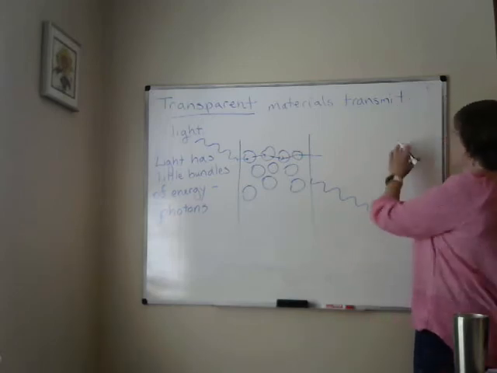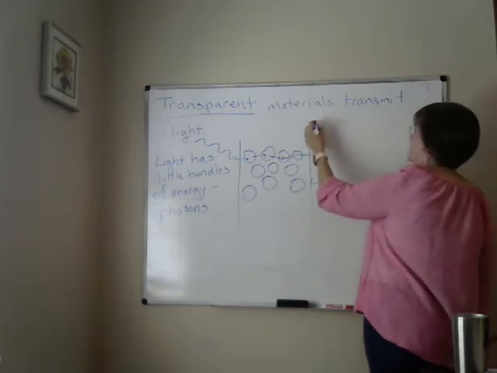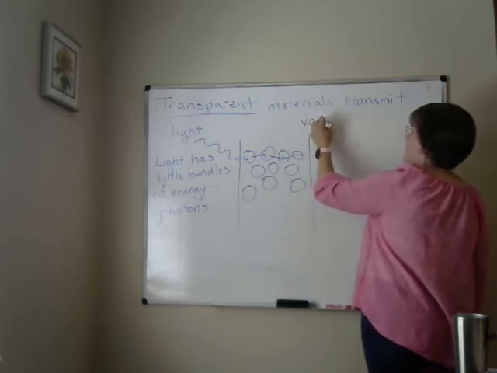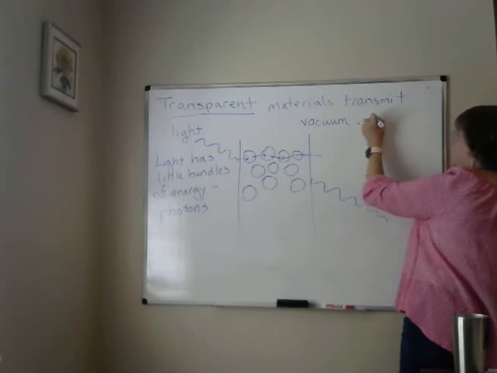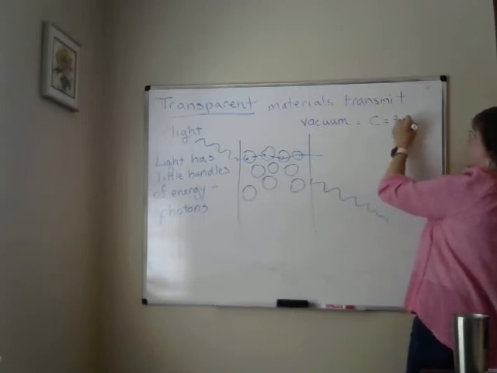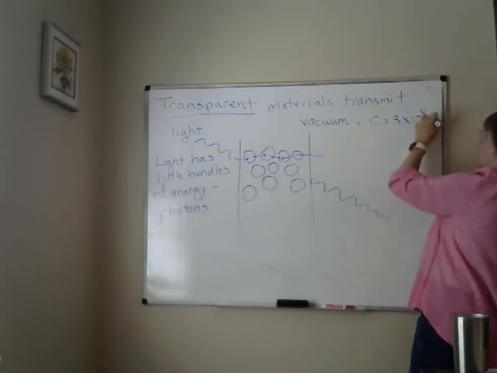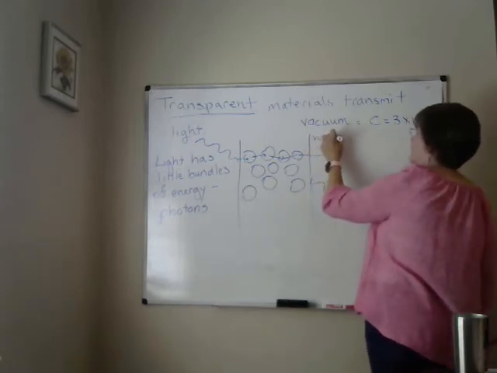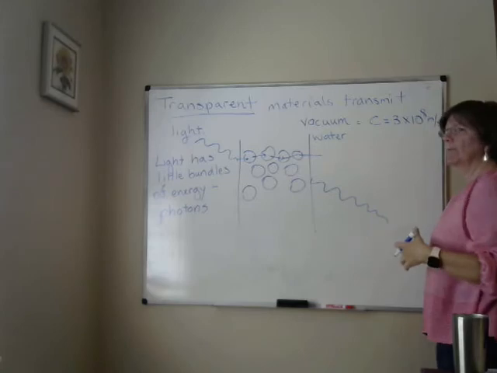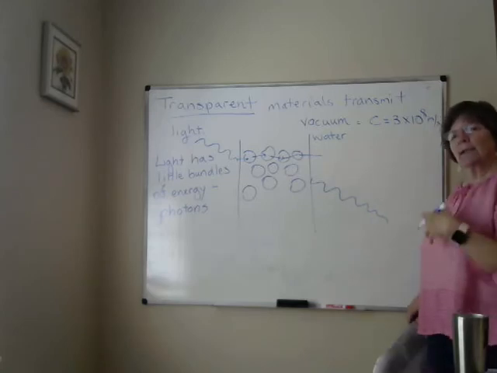If we're talking about a vacuum, we know that light travels at c. And we know c is 3 times 10 to the 8th meters per second. If we go into something like water, water is a transparent medium, and it slows it down.